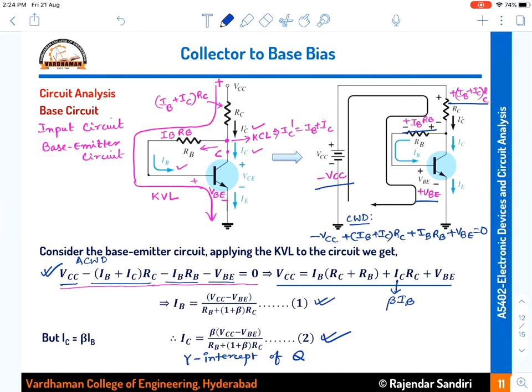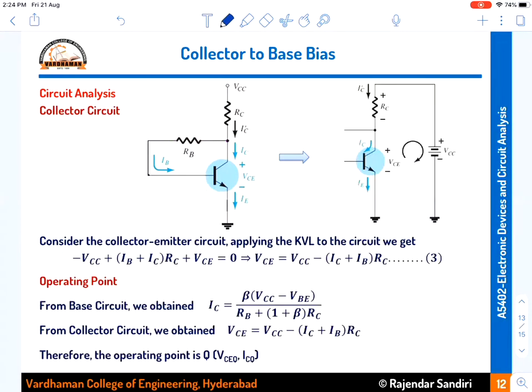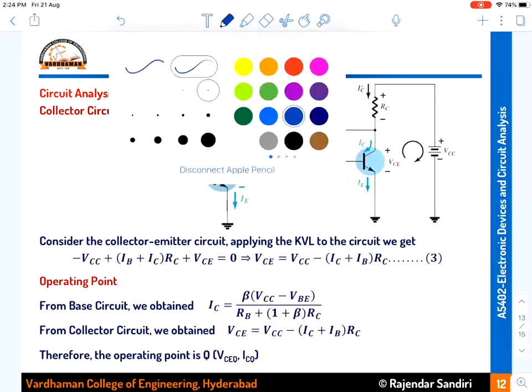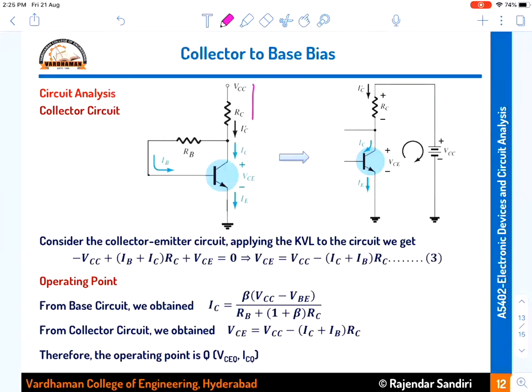Now for the other half, the x-intercept, you have to apply the KVL to the collector circuit. The collector circuit in this case will be this portion of the circuit. Again it will be IC dash, which here is plus VC. If you write it in the clockwise direction, then this will be minus VCE.